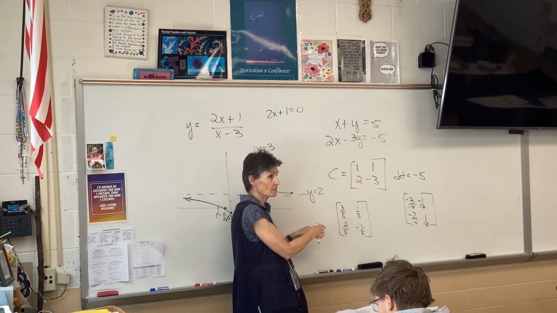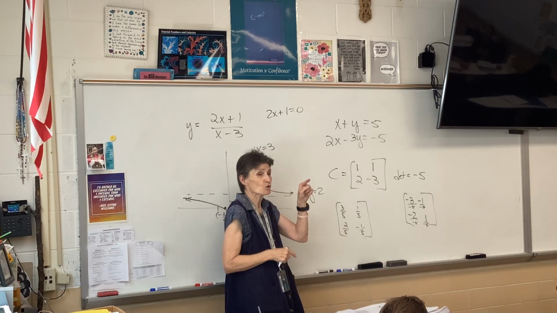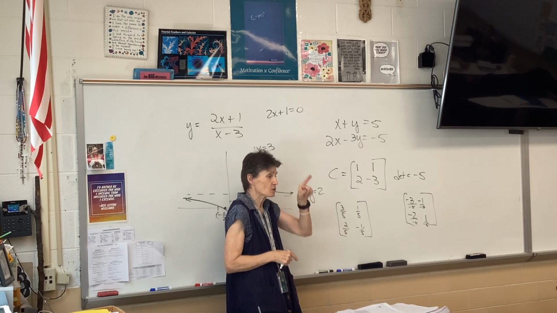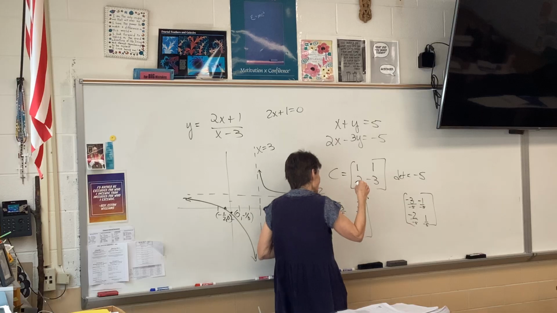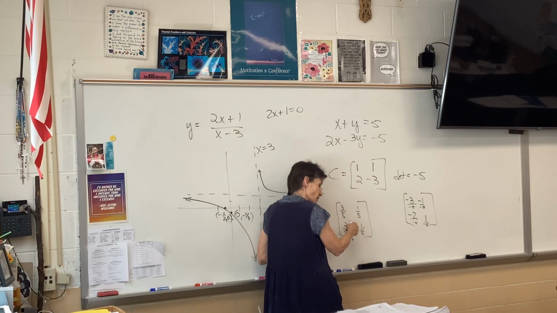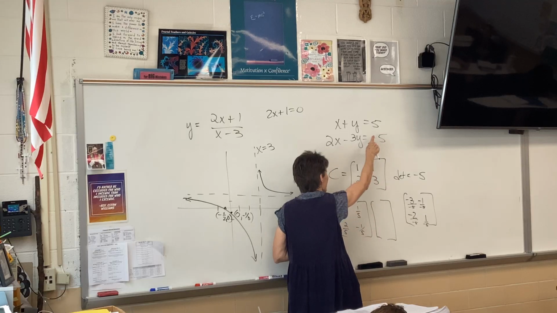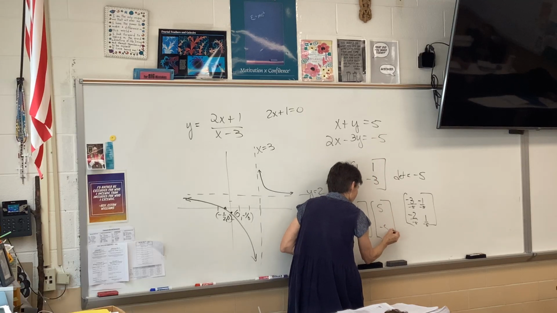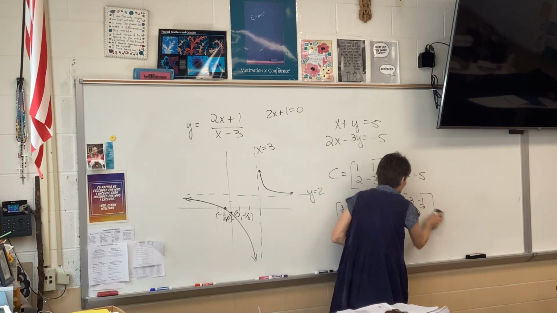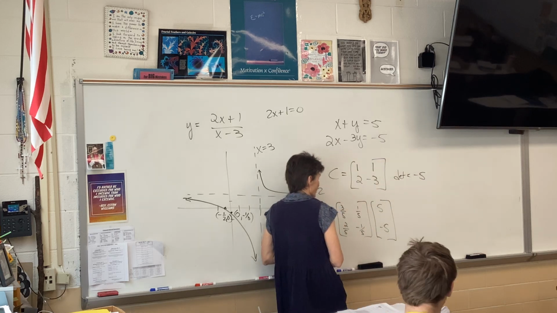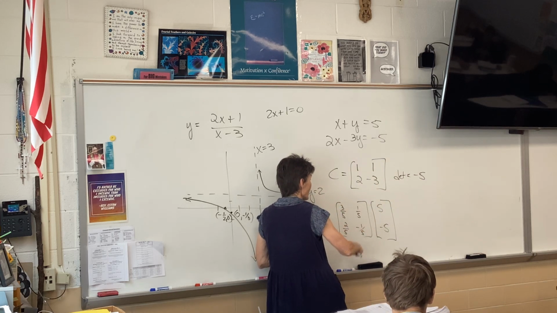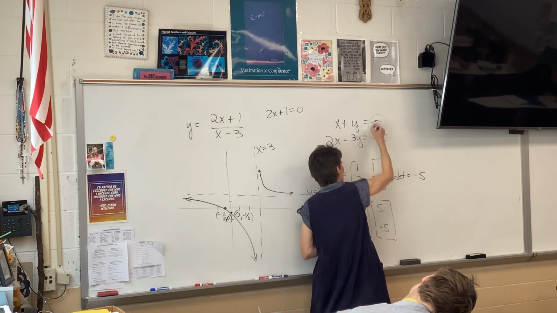Okay, so if my job were just to find the inverse, that would be it. That's the inverse. But I'm using the inverse to solve the system. So I take this guy right here that I just found, and I multiply them by those numbers. So here's the inverse I just found. I'm multiplying him by these numbers.